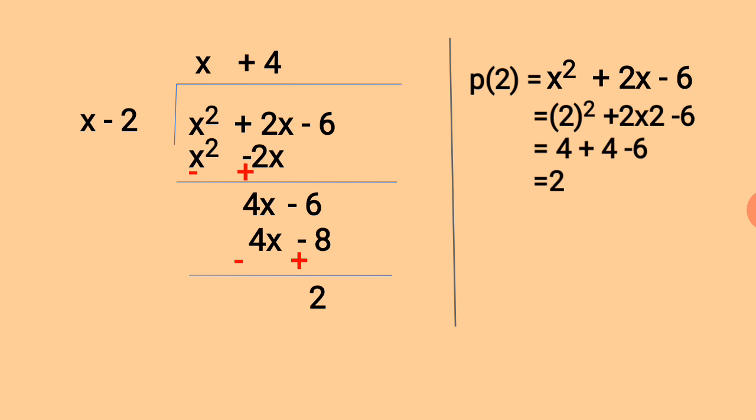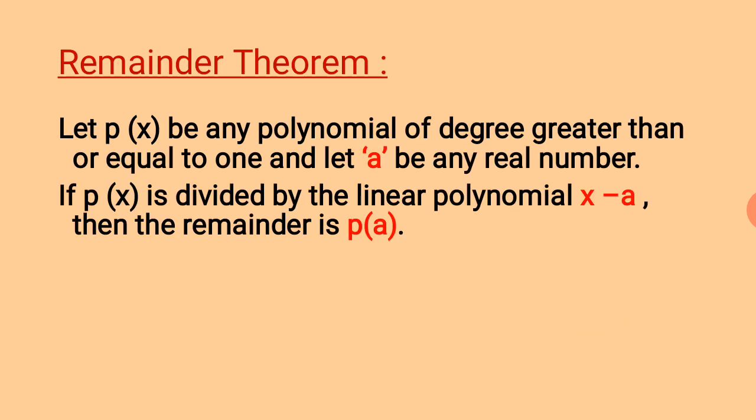You will check the remainder in both the cases is 2. So you divide it or you use the remainder theorem, you will get the same remainder. This was your remainder theorem. So let me read out. Let p of x be any polynomial of degree greater than or equal to 1 and let a be any real number. If p of x is divided by linear polynomial x minus a, then the remainder is p of a. That's what we did just now.